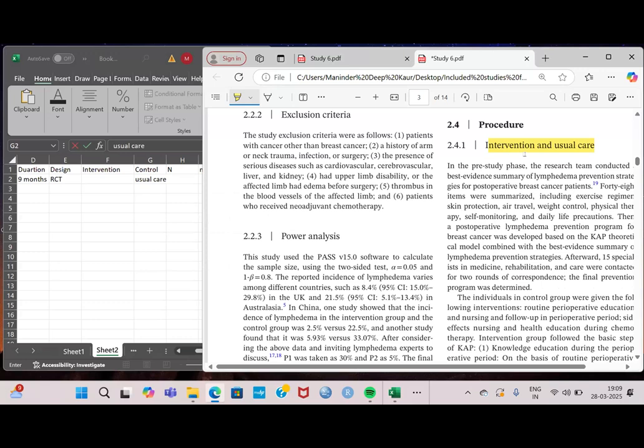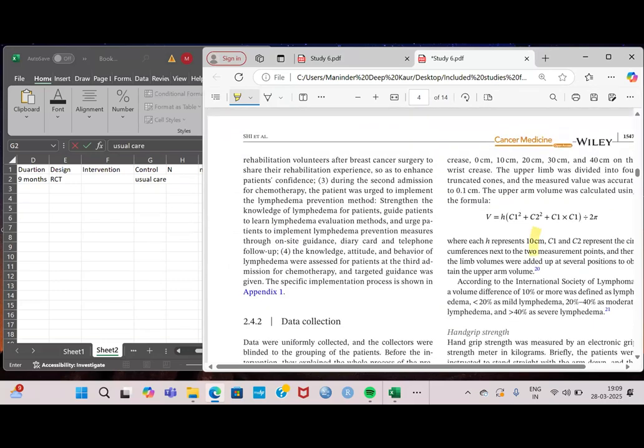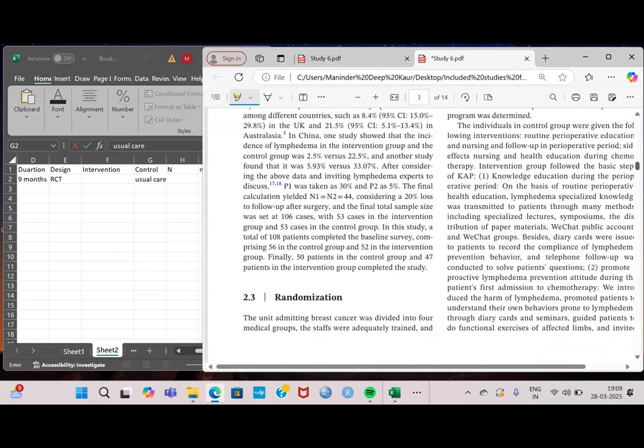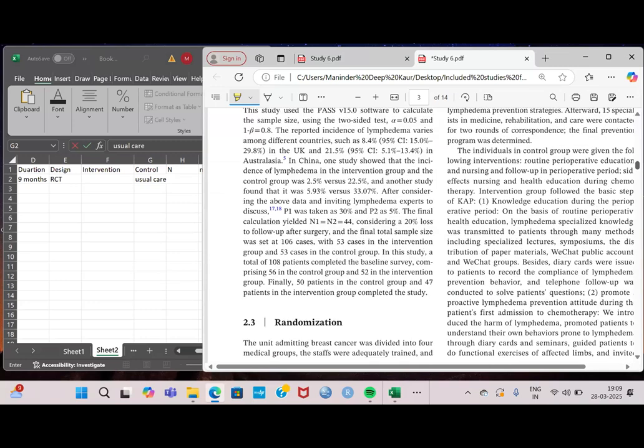See, the researcher team conducted a best evidence summary regarding strategies. What kind of intervention are they getting? I need to look for that only, because we need only those things, we can go directly to that.